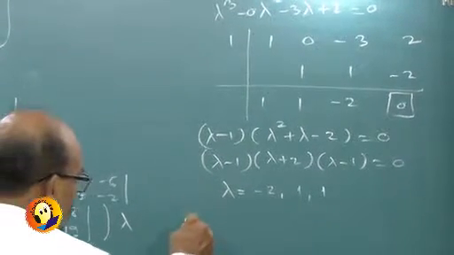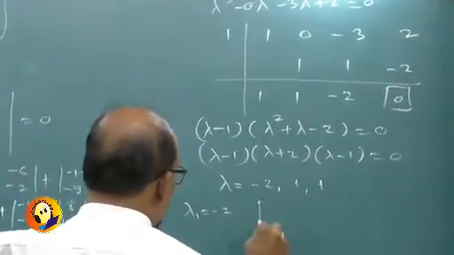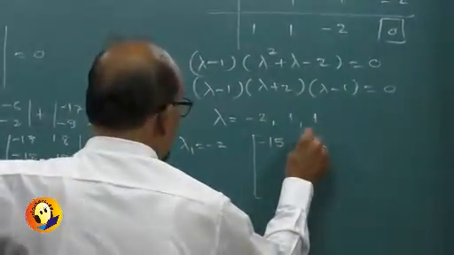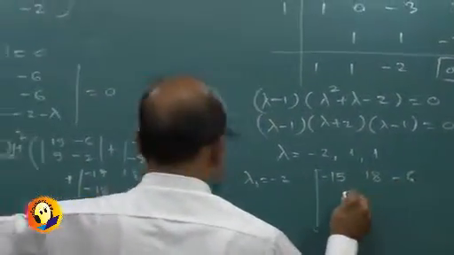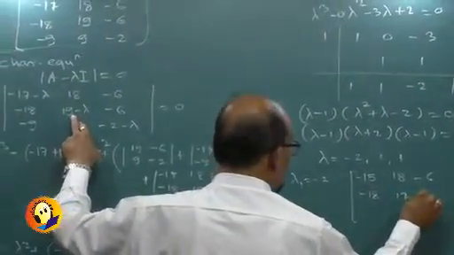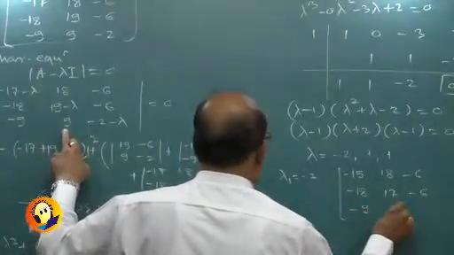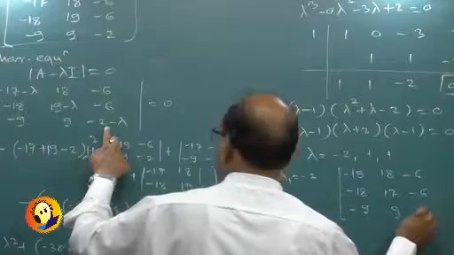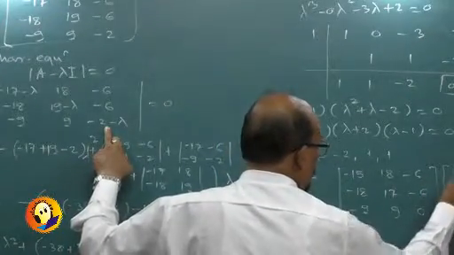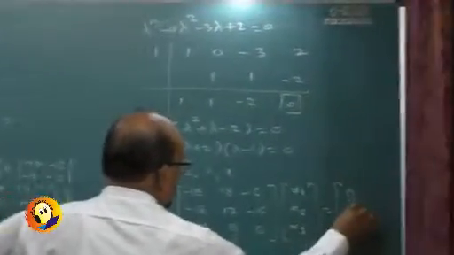Out of that, for lambda 1 equal to minus 2, the equations will become: minus 15, 18, minus 6; minus 18, 17, minus 6; and minus 9, 9, 0, times x1, x2, x3 is 0, 0, 0.